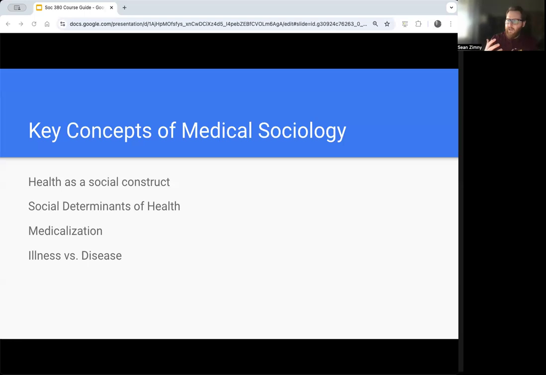These authors suggest expanding our research in medical sociology to better understand the cumulative health effects of systematic racism. The reason I started with this reading is because it gives us a good introduction to understanding the social world, and how social identity can impact our health outcomes through these different pathways.